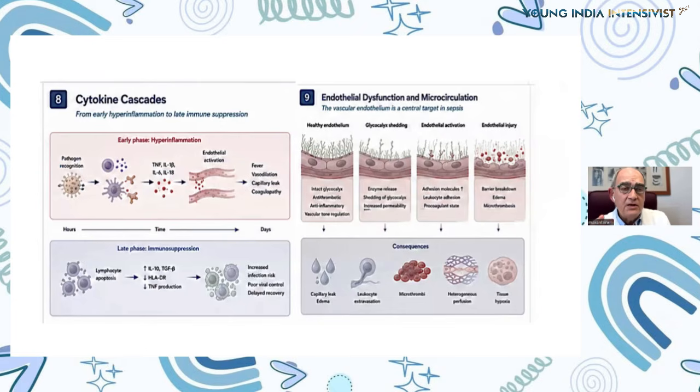If we focus on the cytokine cascades that identify the major actor that plays a very important role in the development of the damage, we may roughly categorize two different phases.